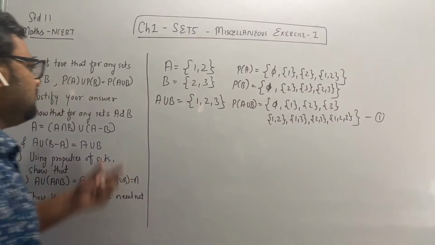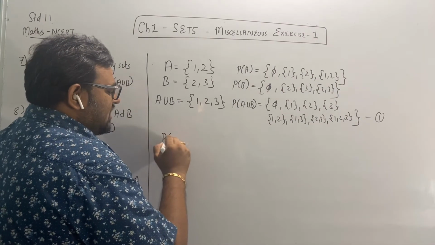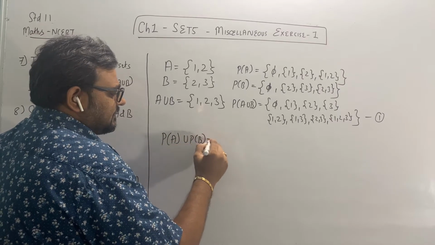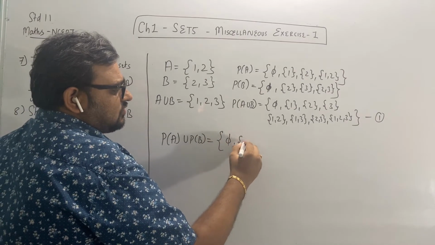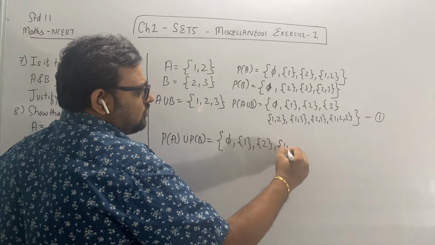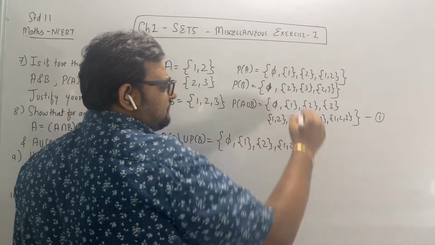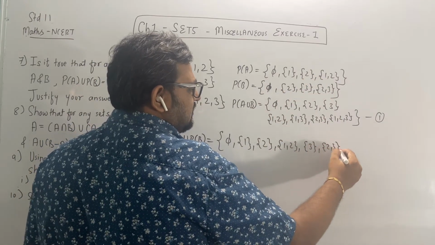This is P of A union B. Now let's take the union of power set of A and power set of B: null set, {1}, {2}, {1, 2}, and null set and {2} are already done, then {3} and {2, 3}.